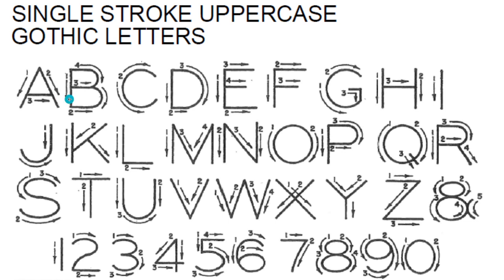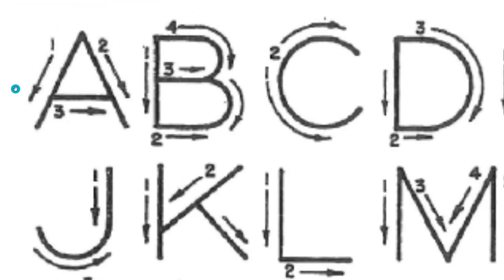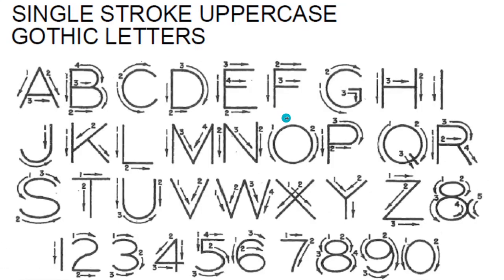So for A, you have numbers, right? That is clear, right? The how and when to do it. Any questions on this drawing? None, right? I think it is easy to understand. Okay, very good. So this is how you would do your lettering.